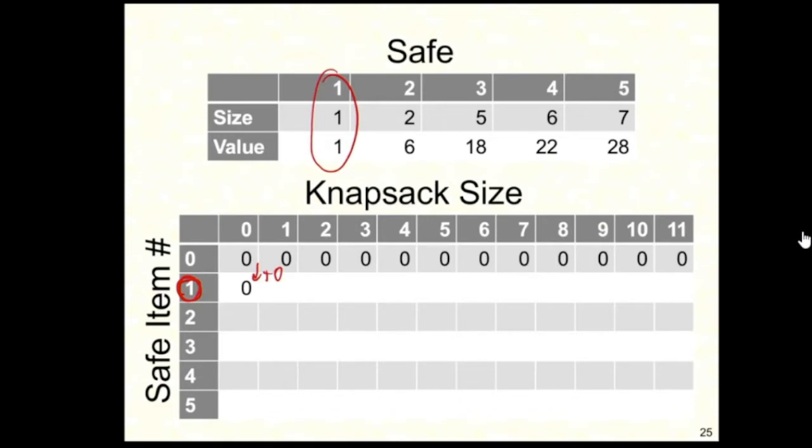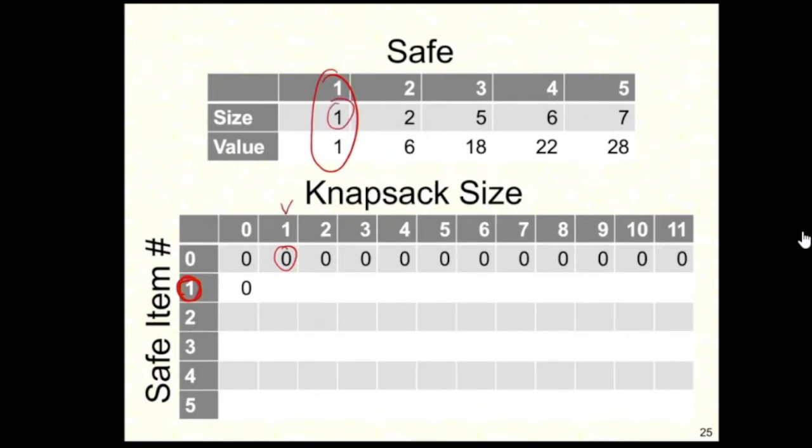Now, what about a capacity of 1? Let me just erase that a little bit. Okay, so now for a capacity of 1, I could either take the value above me and add nothing, or I could take a value somewhere to the left of me and add the value of item 1. Now, think of it this way. I'm working on a capacity of 1.